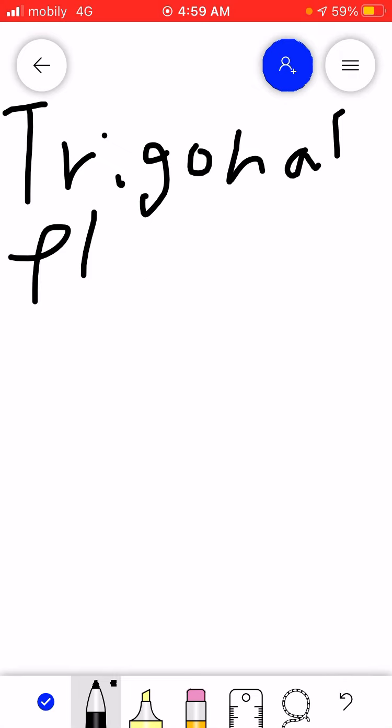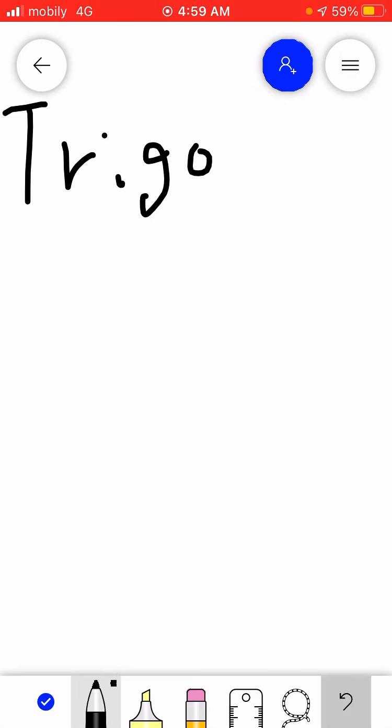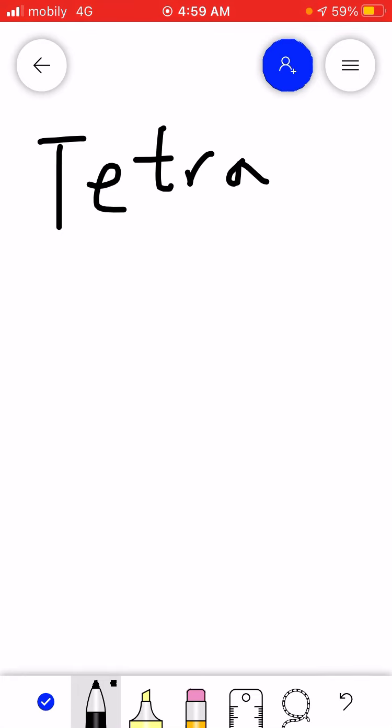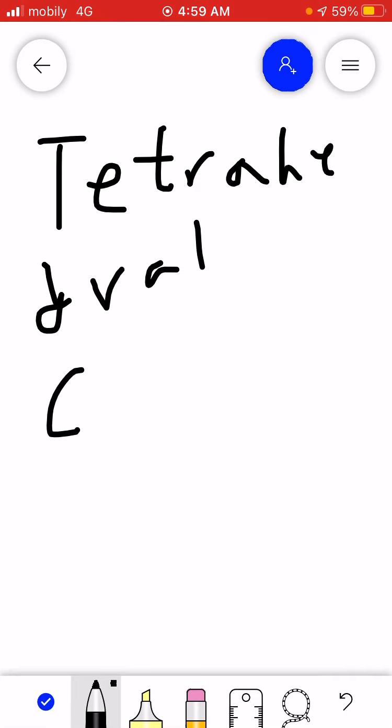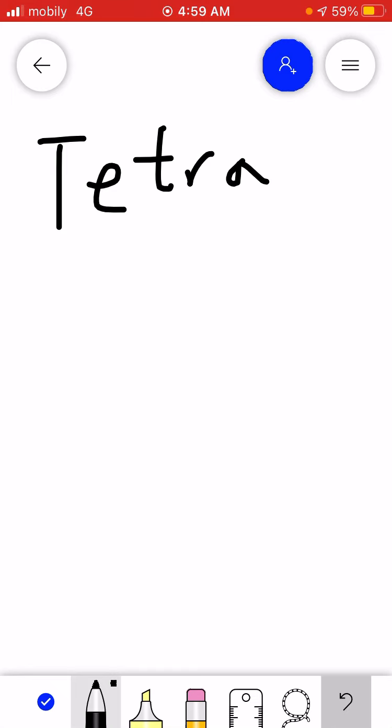What about CH4? If we put CH4, that's a tetrahedral. So the next shape we get is a tetrahedral. And an example could be CH4. Why do we say it's tetrahedral? CH4 is tetrahedral because carbon contains 4 valence electrons, so it contains 4 bonds, no lone pairs.